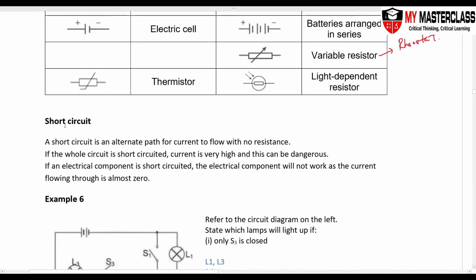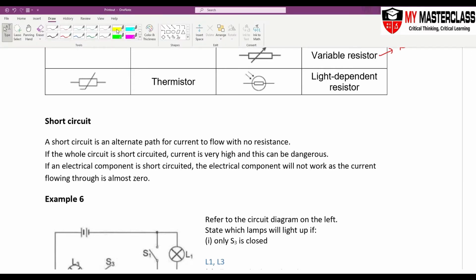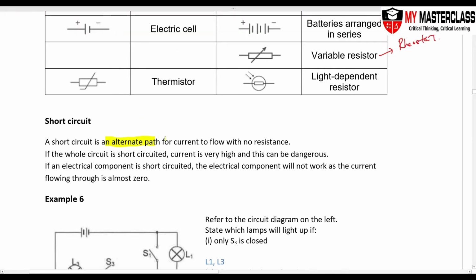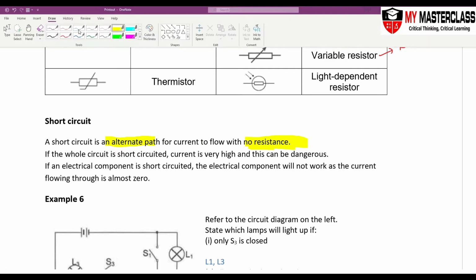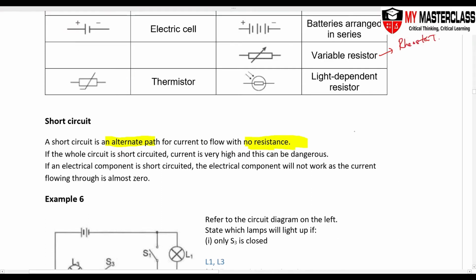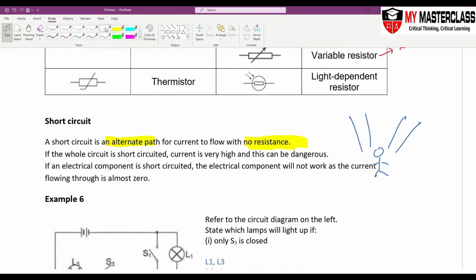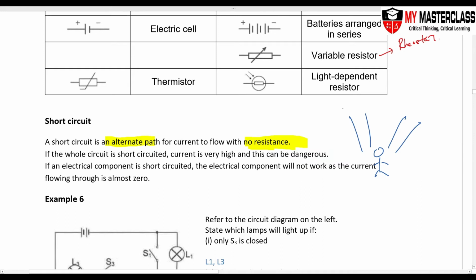And next is the idea of a short circuit. A short circuit occurs when you have an alternate path for current to flow with no resistance, right? So say you were at a crossroads and you have two paths to choose from. One path has lots of, say, lions and wolves.